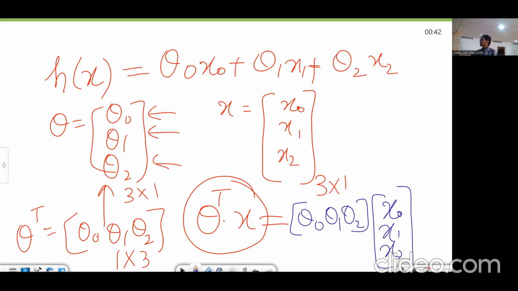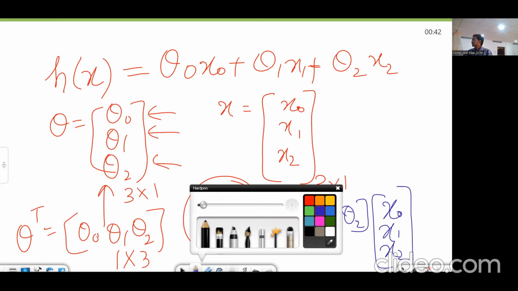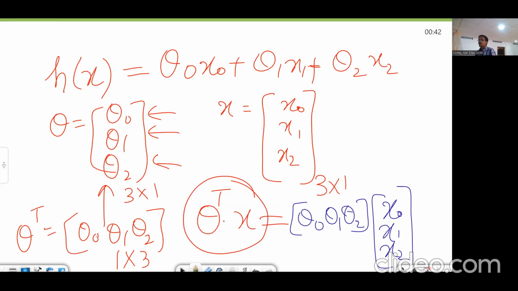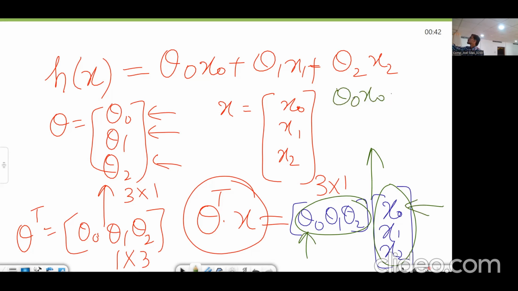So when we multiply this, how do we do the multiplication? We take the first row multiplied by the first column and keep adding the products. For example, if you know about this, you will say that the answer will be: take theta 0 with x0 and multiply, plus take theta 1 with x1 and multiply, plus take theta 2 with x2 and multiply.